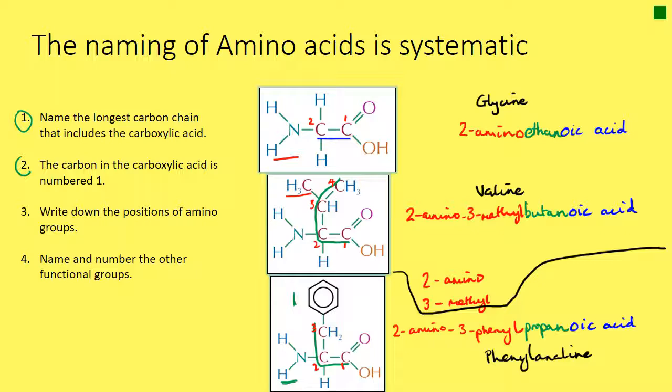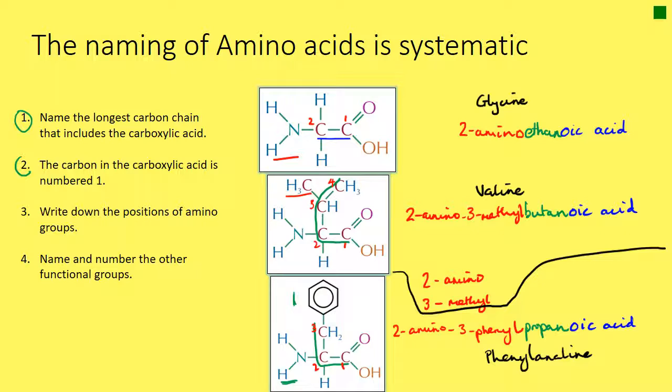So that's going to be butanoic acid. Now we'll number the carbons. Switching to red, again we start with the carbon in the carboxylic acid: 2, 3, 4.